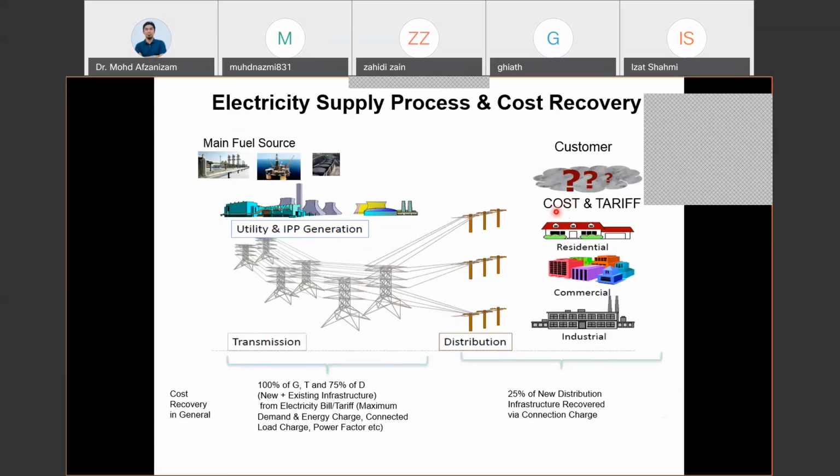It can be in the form of industry, commercial, residential. That's the diagram related to the energy resource.